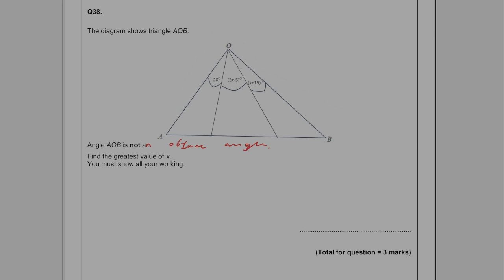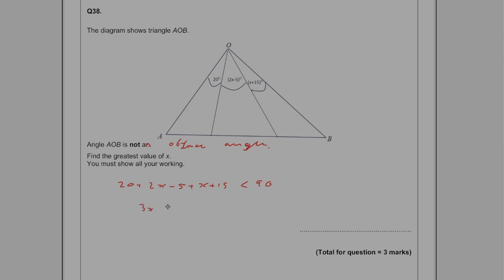Find the greatest value of x, so it's got to be less than 90 degrees. So 20 plus 2x minus 5 plus x plus 15 has to be less than 90 degrees. Right, so that's going to give us 3x plus 30 has to be less than 90.